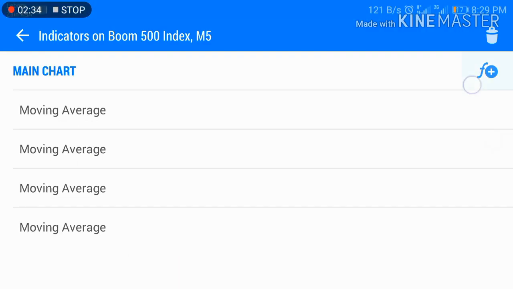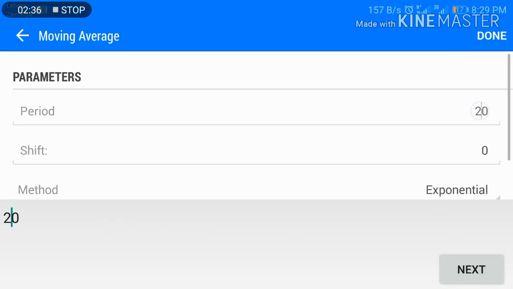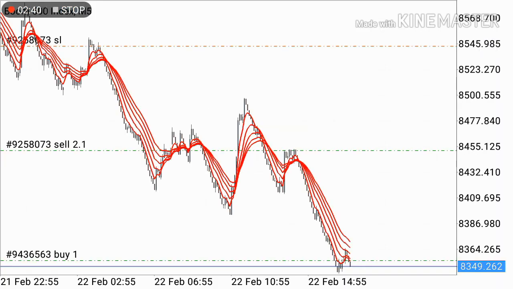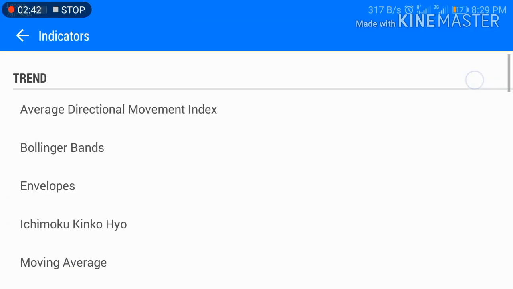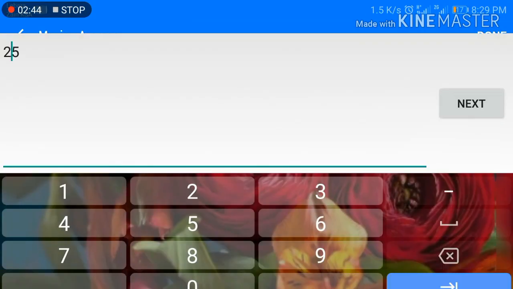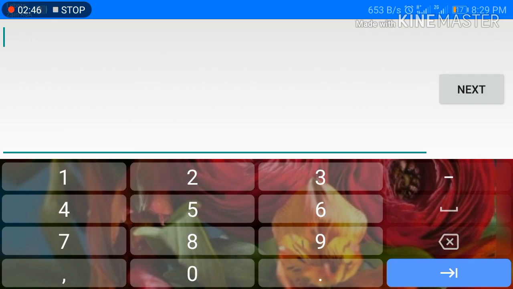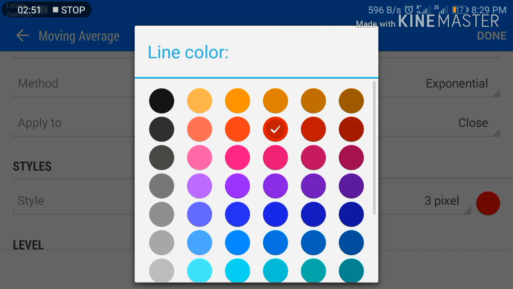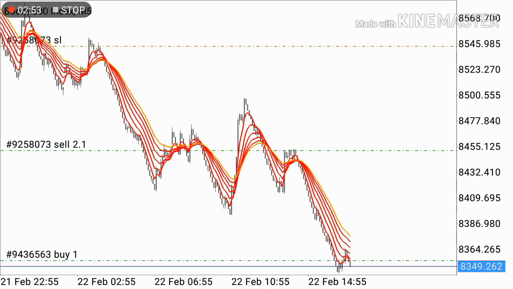One more moving average, 25, and done. Again, moving average 30, and change the color, done.